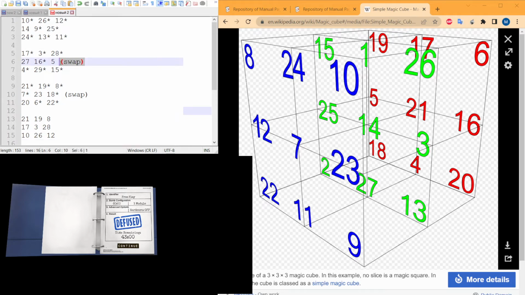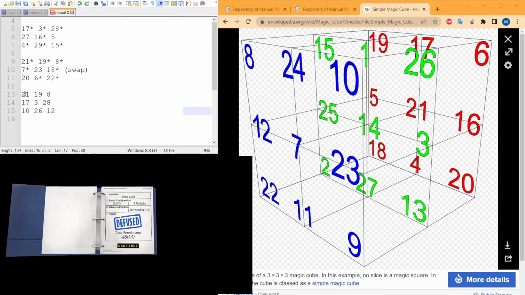In case if this is okay and this has to be swapped, you will need to swap any two numbers in this row, any two numbers in this row, and change nothing in this row.